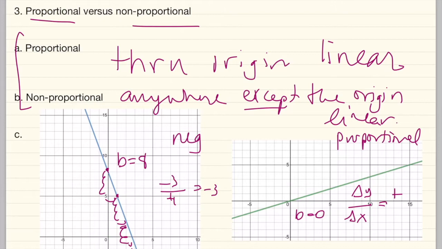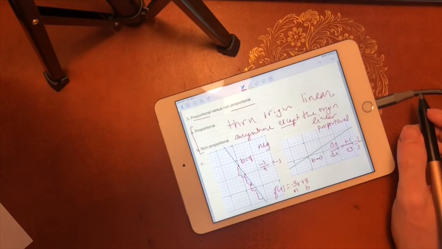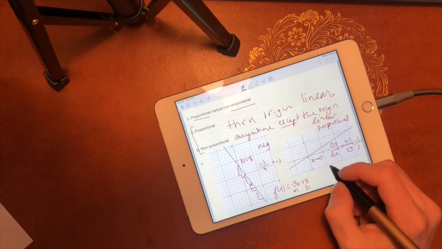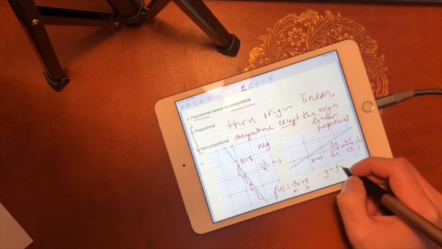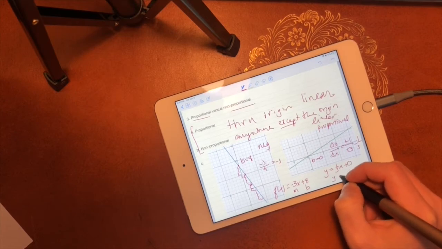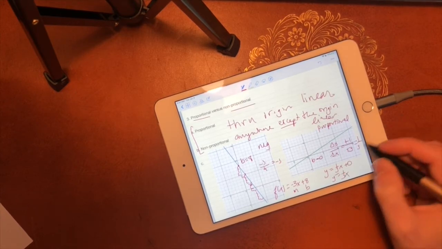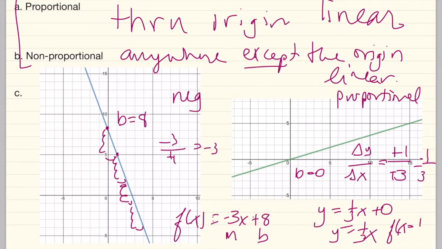So every time we increase by 1 in the y, we're increasing by 3 in the x, so our slope is 1 over 3. Since our y-intercept is 0, we could say that our equation is y equals 1/3 x plus 0, which is really just y equals 1/3 x. And of course, we could write this instead as f of x equals 1/3 x. They mean the same thing because it's a function.